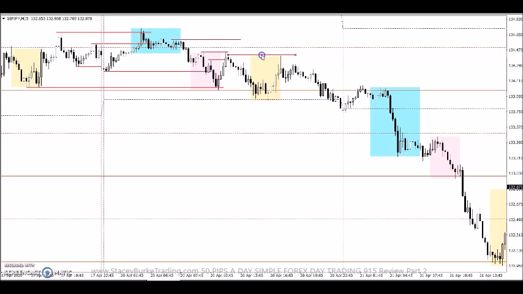It stop hunts up top, but not all the way through, before failing, hitting it a second time, and then rolling over, taking out the lows of the US session. That's weakness. So traders, you need to be paying attention to the fact that there's no follow through. The market is weakening. Every time it tries to go long, it fails.